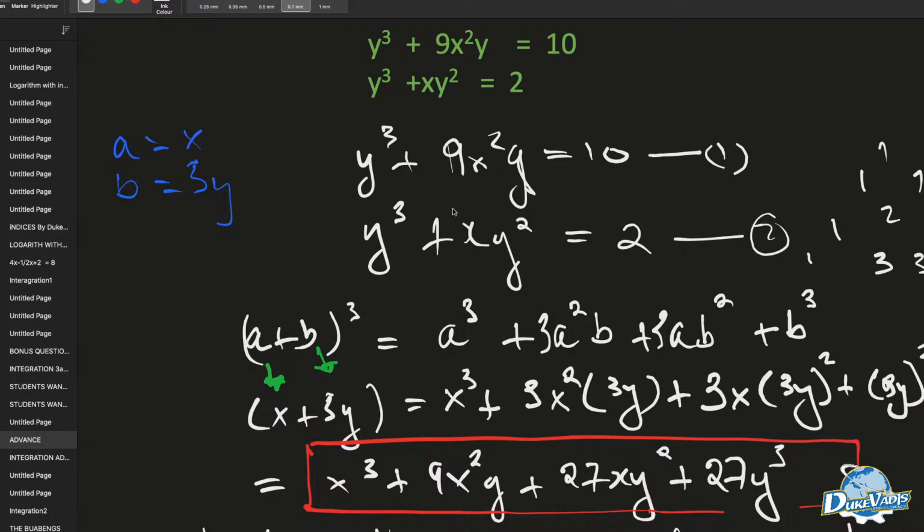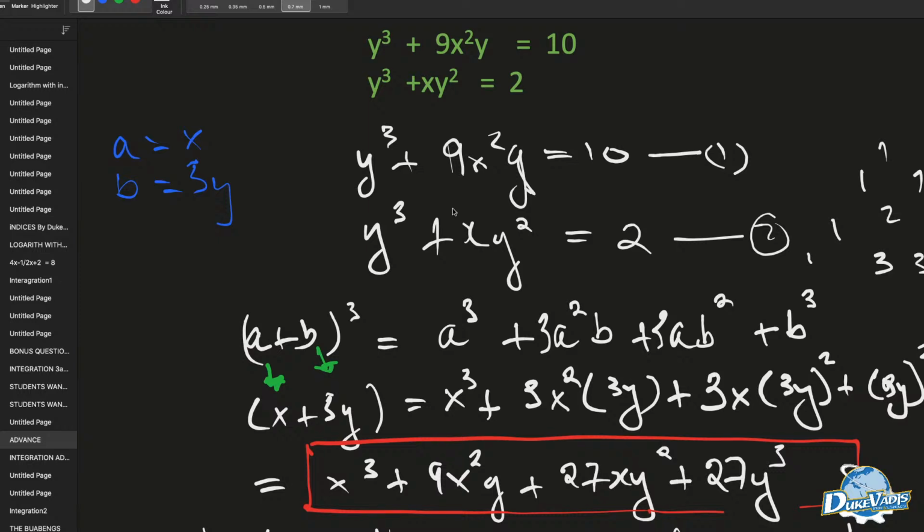So, when a question of this sort is given, we have to inspect the question vividly. If we do that, it will always give us the clue how to go about it. Over here, because I could see y cubed, I could see 9, that means a certain number multiplied, squared or cubed will give me something like that.